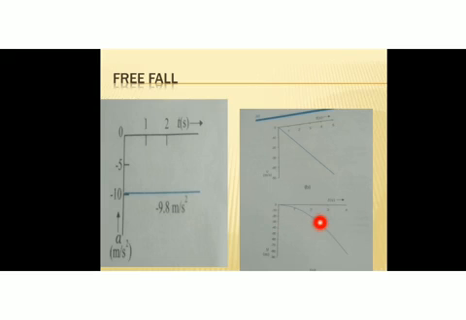Okay, it will be a non-uniform motion because the velocity changes with respect to time. Since acceleration is there, it will be a non-uniform motion and it will be a curved line. Okay, so these are the acceleration time graph, velocity time graph, and the position time graph for an object under free fall.